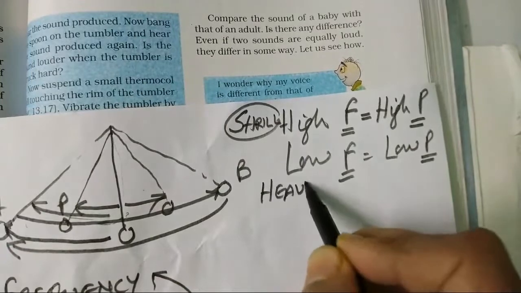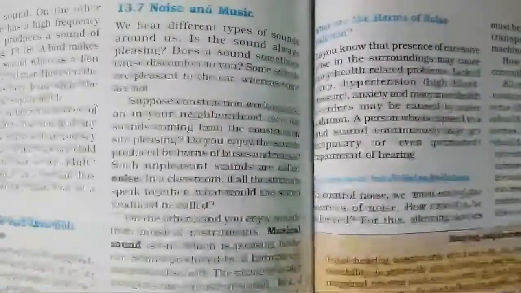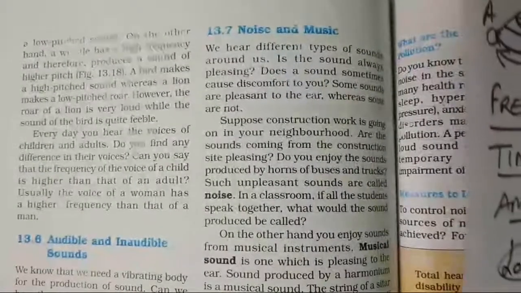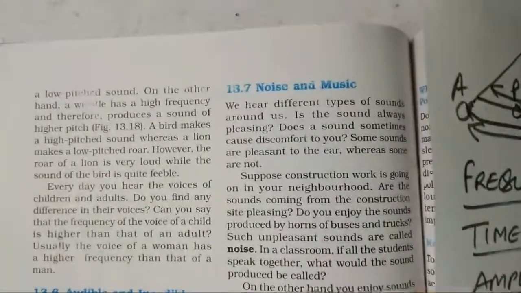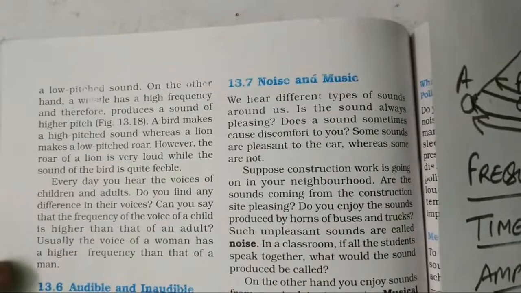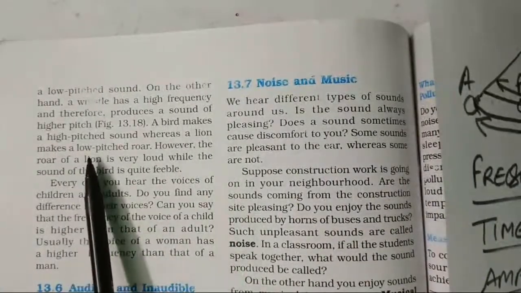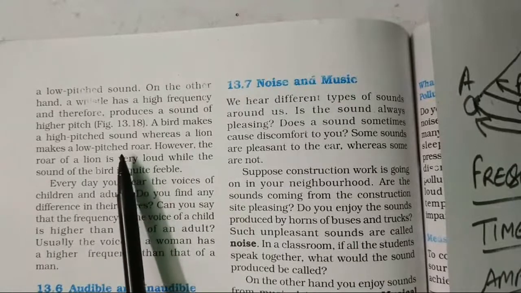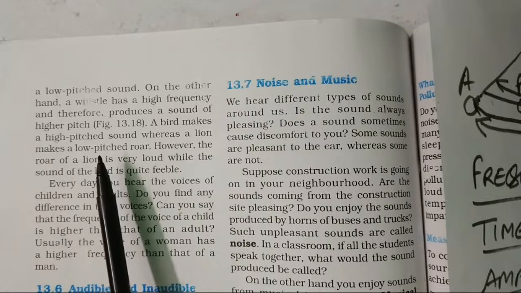Now this is a point which you have to remember, which is mentioned here next. A whistle has a higher pitch. A bird makes a high pitched sound, whereas a lion makes a low pitched roar. Now low pitch does not mean that the sound of the lion is slow.